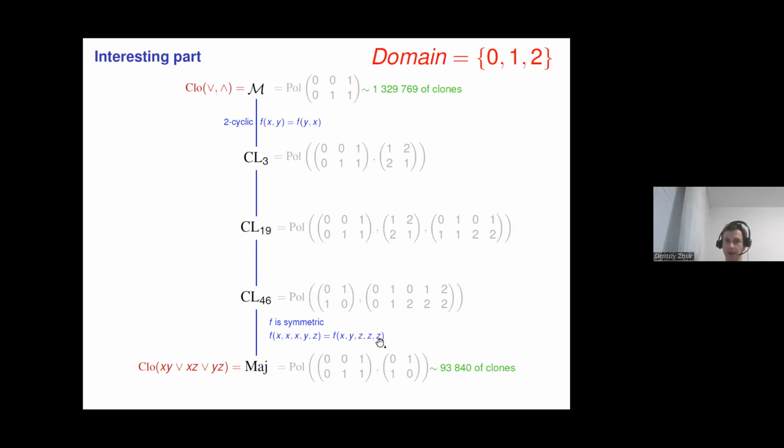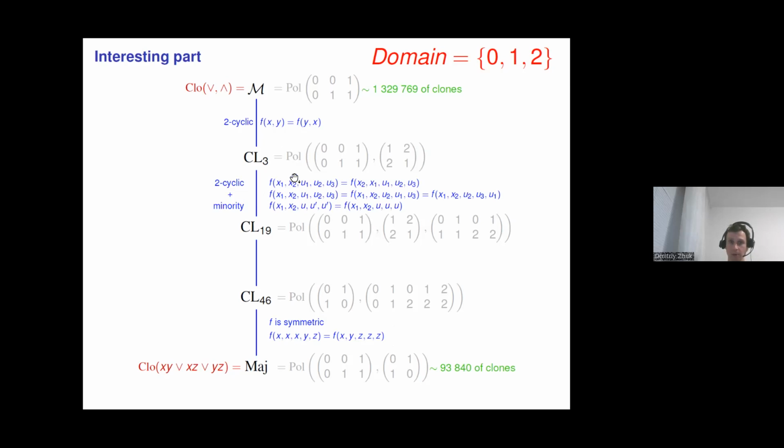Symmetric operations, it satisfies this identity. Why is this true? Because if you have a majority operation, then the only symmetric 5-ary operation is also majority. And majority doesn't satisfy this identity. And here you can easily find such an operation. Okay, and so on. Here we choose two-cyclic plus minority.